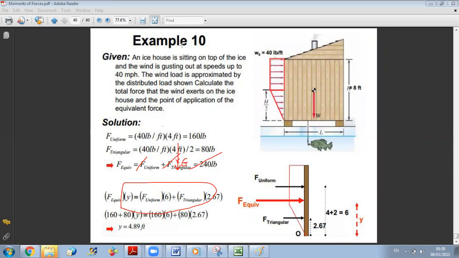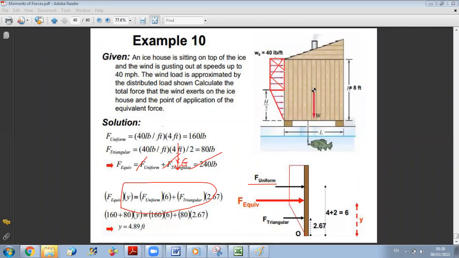What is the area here? It's the area of the rectangle, and the force should pass through the centroid of the rectangle. So first, the value of the rectangular force, which they called F uniform because omega is constant, is equal to the area of this rectangle.